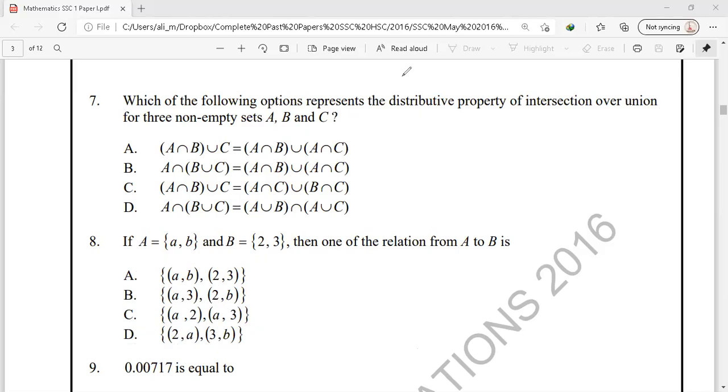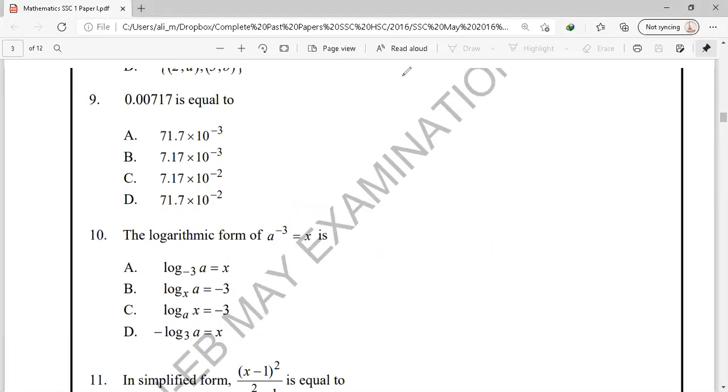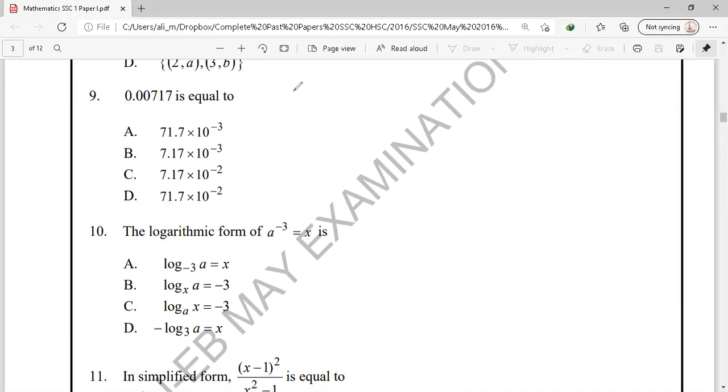Then let's come to question number 9 and question number 10. In question number 9, we have to give the correct representation of this expression in scientific or standard form. For the scientific or standard form, the decimal should lie after the first non-zero digit, 7.